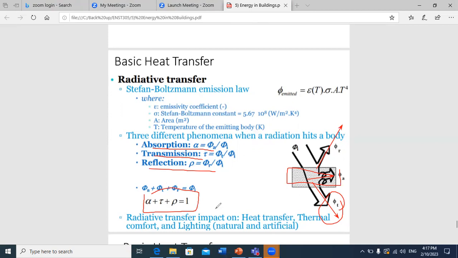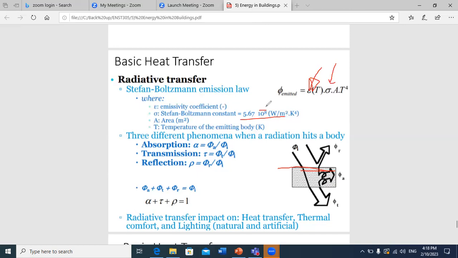Now, how do we compute the total emitted flux by radiation from a surface? Whenever you have a surface and you want to determine the emitted flux by radiation, it is equal to a certain property epsilon, which is a property of the material and depends in general on the temperature, times sigma, the Boltzmann constant, which is always given, here 10 to the minus 8, times area times T to the power 4.